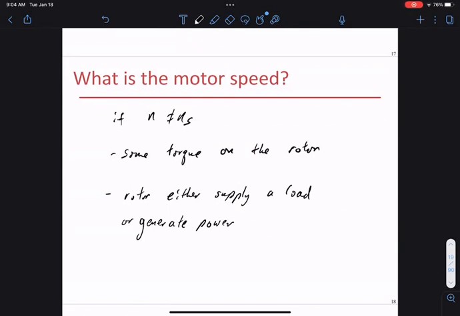But if there is a speed difference, some net power will be exchanged between the outside grid, maintaining synchronous frequency, and the rotor. Whichever way the power exchange goes depends on the sign of this difference.